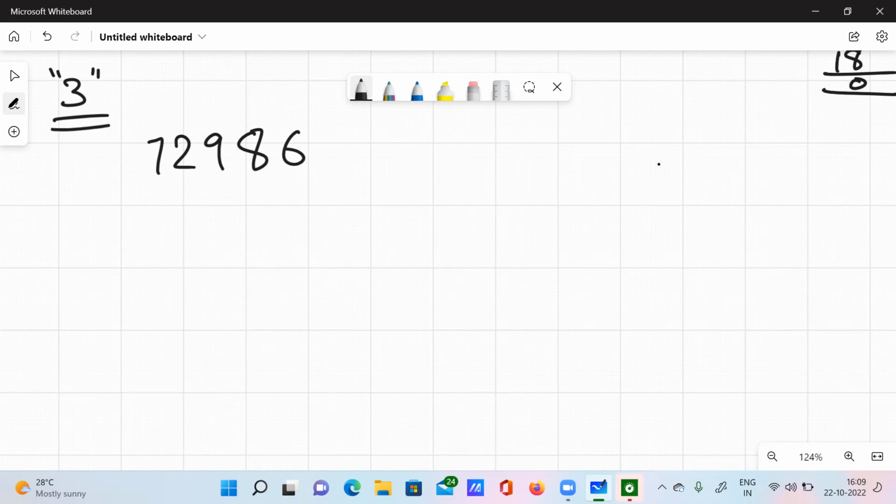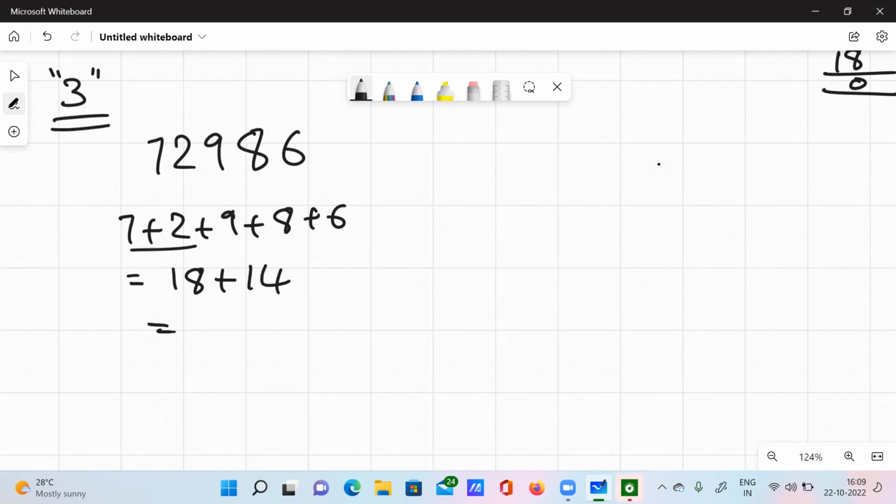What we need to do is add all these digits: 7 plus 2 plus 9 plus 8 plus 6. 7 plus 2 is 9, 9 plus 9 is 18, 18 plus 8 plus 6 is 32.